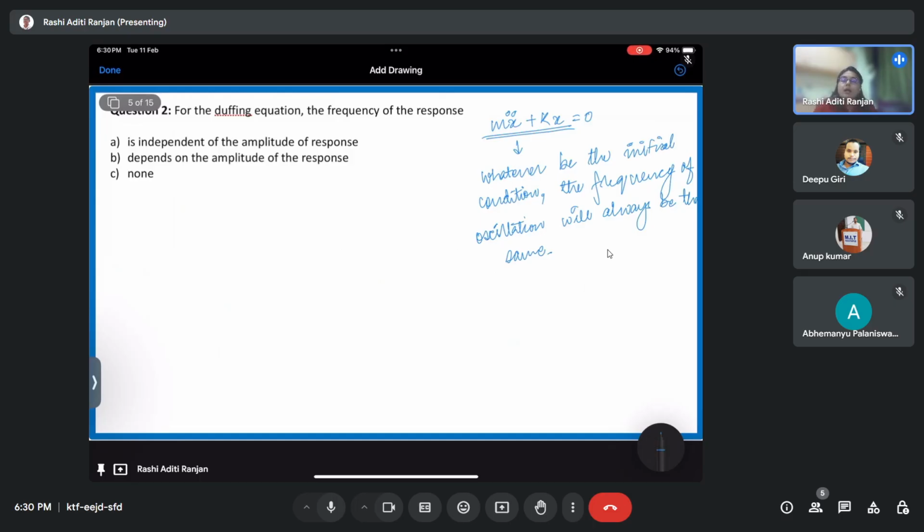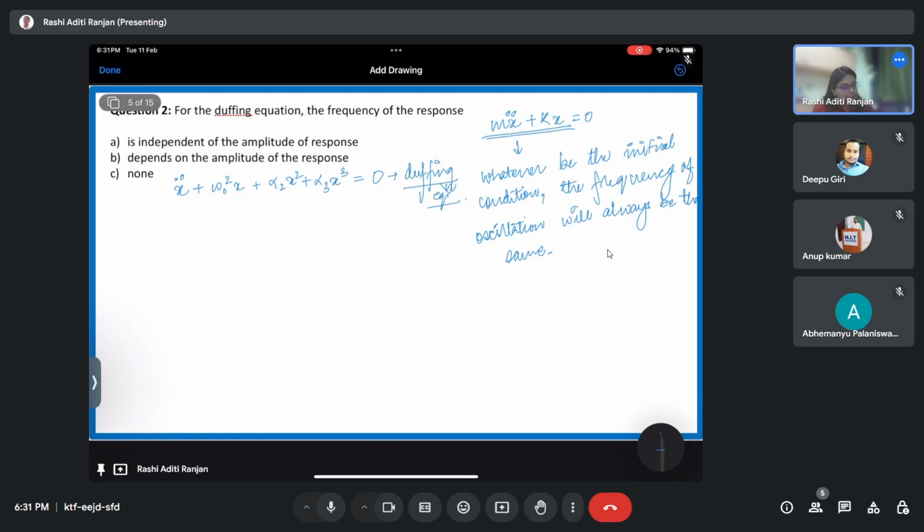However, the amplitude will depend upon the initial condition. Okay, now we consider a nonlinear system. My Duffing equation is nothing but what? An extension of a spring mass system considering the nonlinear effect of the spring. Okay, so if I consider a Duffing equation, this is my Duffing equation.